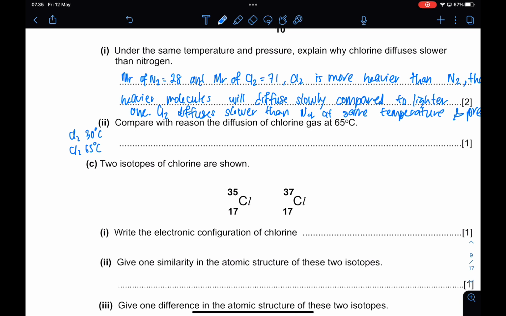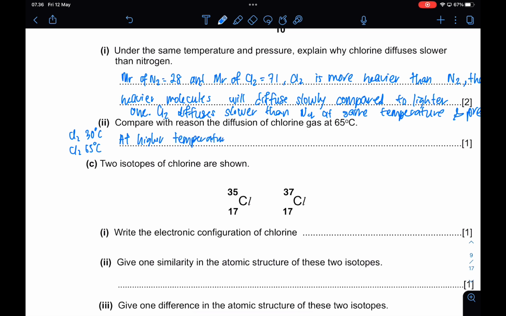Of course, at higher temperature, as you know, more heat energy will be converted into kinetic energy. So chlorine molecules at higher temperature are able to move faster. Therefore diffusion will be greater as well. So they can go through all the places faster.